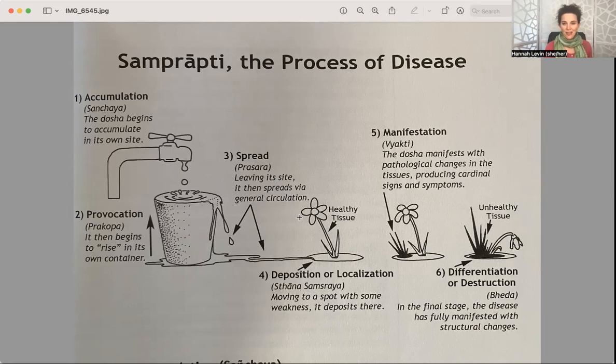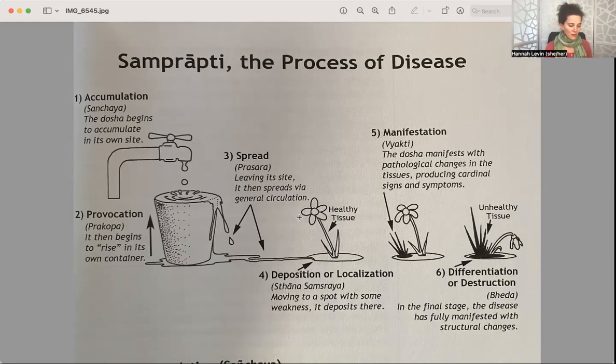And this is, we don't want to get to that stage ideally. In the final stage, the disease has fully manifested with structural changes. So in the sixth stage, structural changes manifest. Complications of other organs, tissues, or systems also become evident.